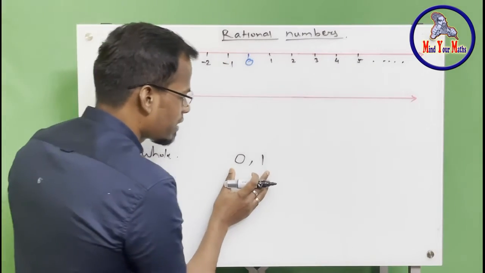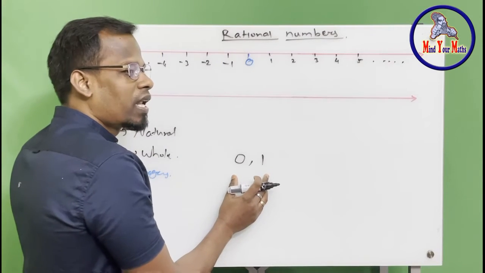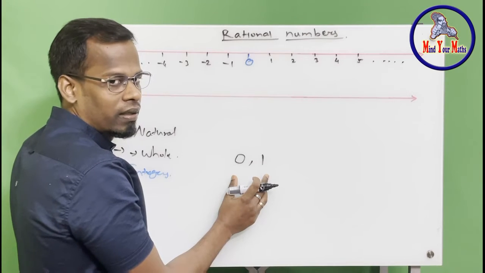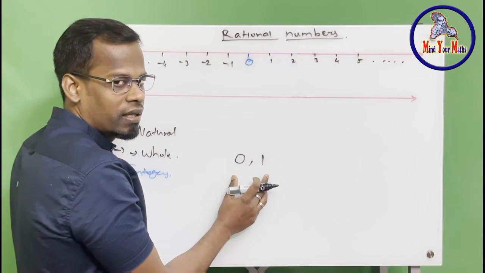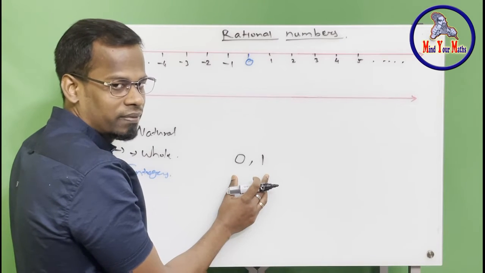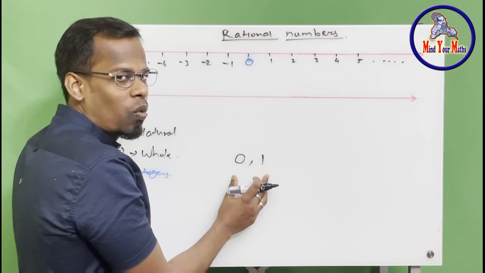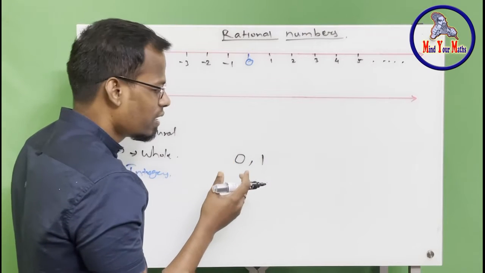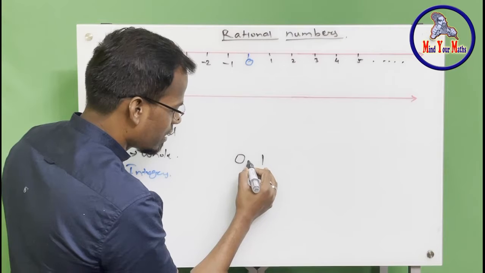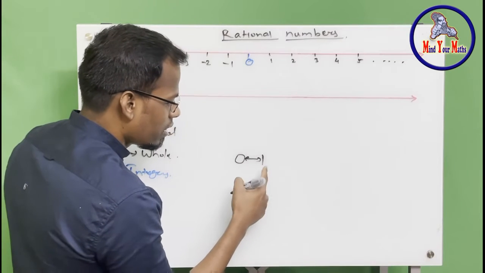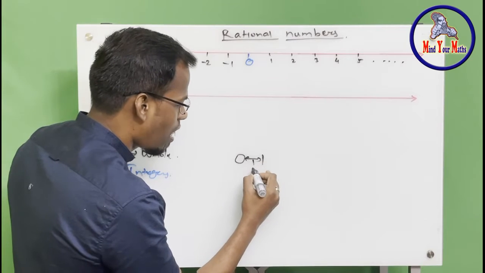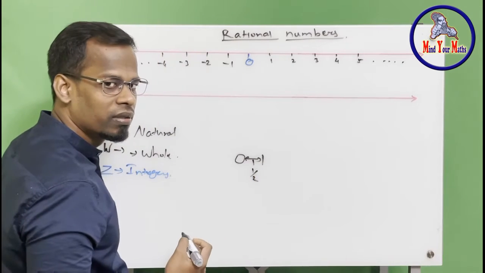You see, now you have 1 apple. When you cut 1 apple into maybe 2 pieces, is it less than 1 or more than 1? It becomes less than 1, right? It is half, so the half will be between 0 and 1. If it's 0 to 1, this is one apple. When you cut the apple into two pieces, that becomes half, 1 by 2.